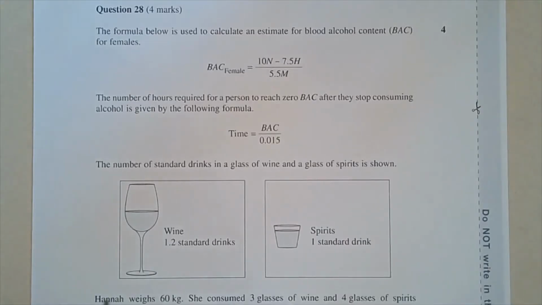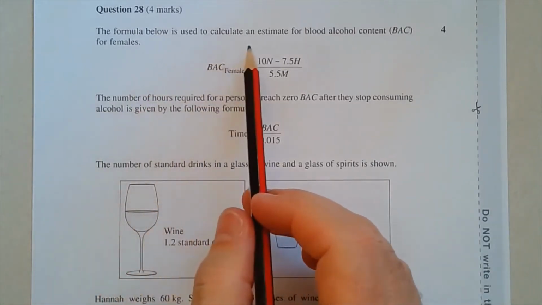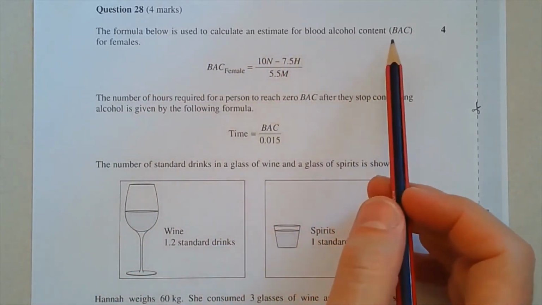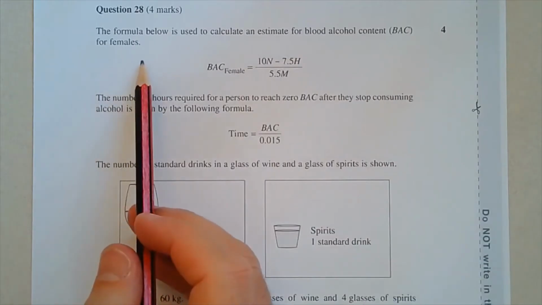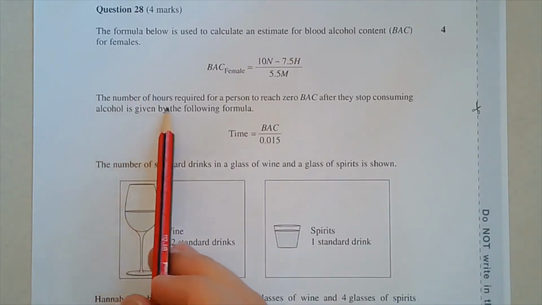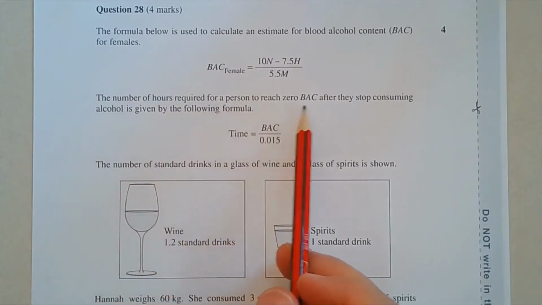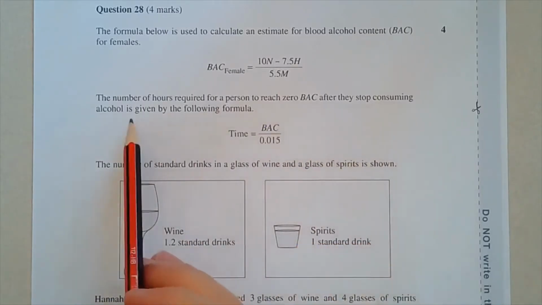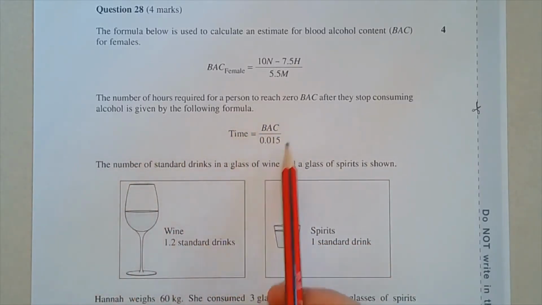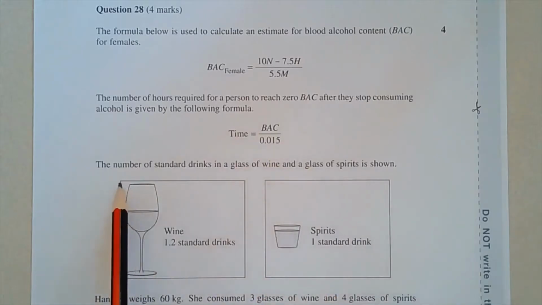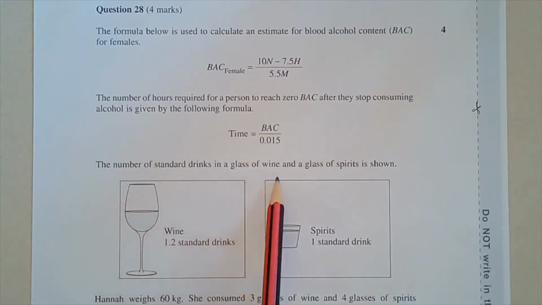Question 28. The formula below is used to calculate an estimate for blood alcohol content, BAC, for females. The number of hours required for a person to reach 0 BAC after they stop consuming alcohol is given by the following formula. The number of standard drinks in a glass of wine and a glass of spirits is shown.